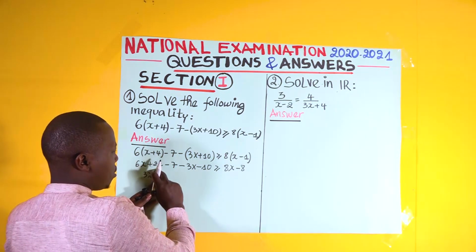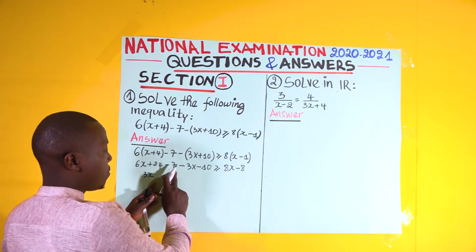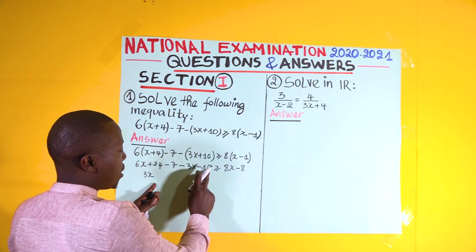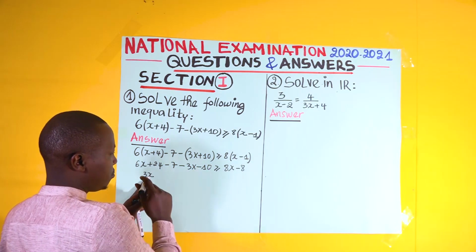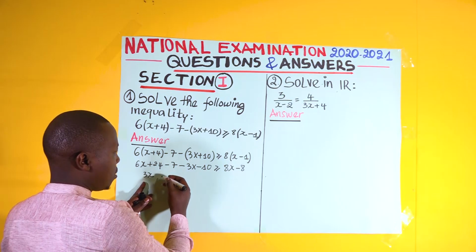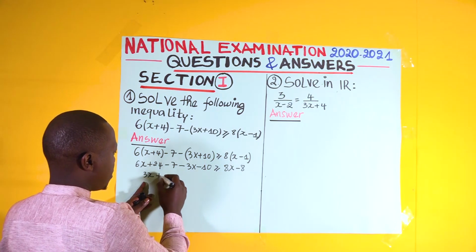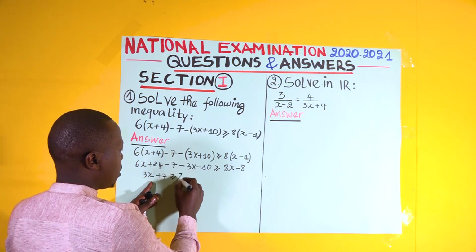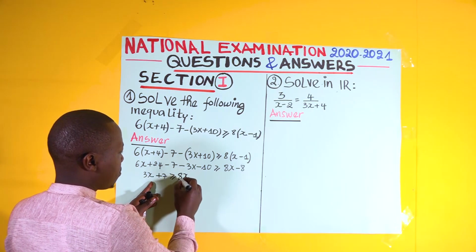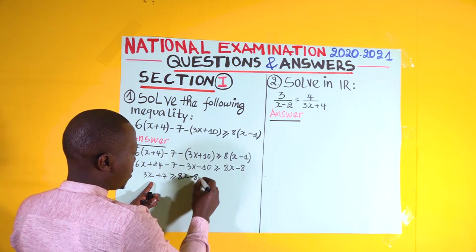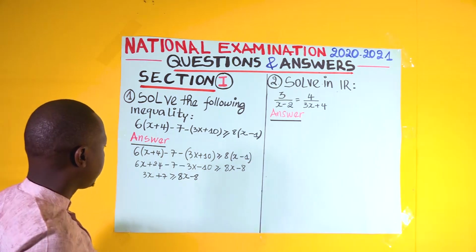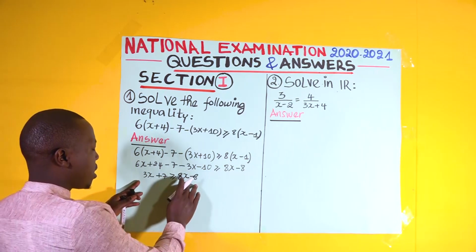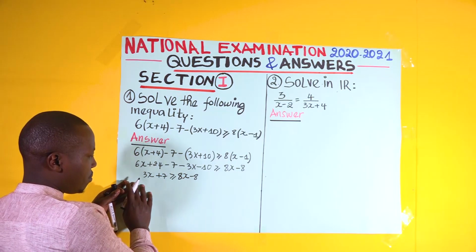And 24 minus 7 is 17, yes? Plus 10 it is 27, isn't it? This is greater than or equal to 8x minus 8. Let's take this 8x to the left hand side.